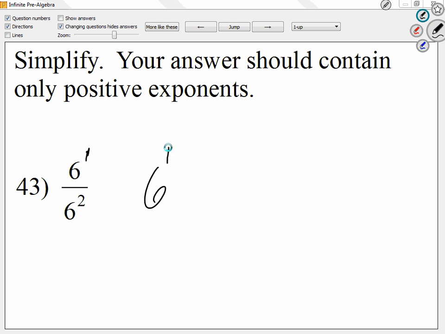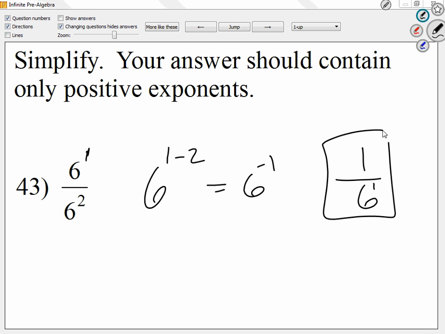So I'm going to write 1 minus 2, top minus bottom, which is negative 1. It's a negative exponent, so I know that 6 to the 1 goes at the bottom, and the 1 on top. Because it's a 1 exponent, if you don't write the 1, it's fine. The 1 is the one we have a choice. A number other than 1, we don't have a choice. We have to write it out. All right. Any other questions up until 44?